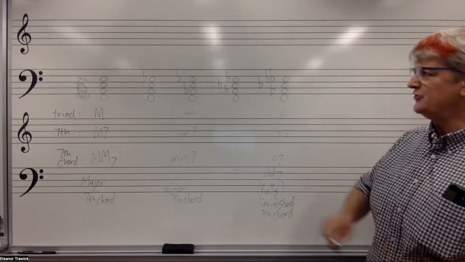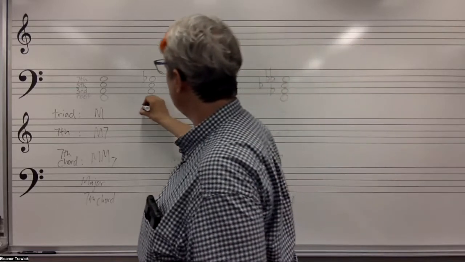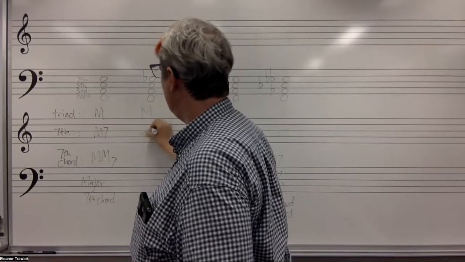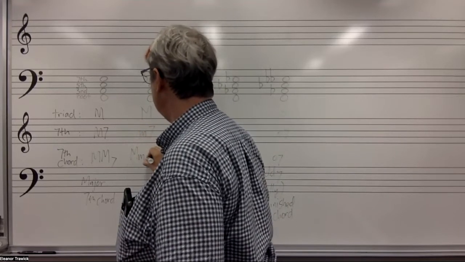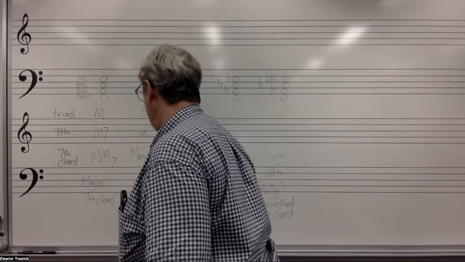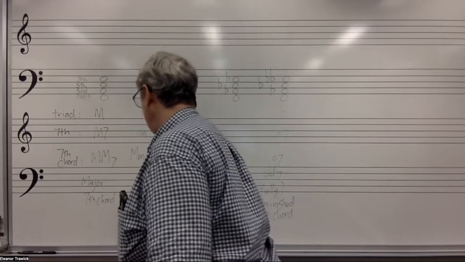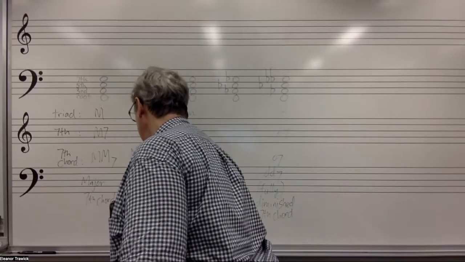So now let's look at the two cases that are sort of hybrids. If you have a major triad and a minor seventh, then you have a capital M, little m seventh. And this is referred to as a major-minor seventh chord, or you can call it a dominant seventh chord.